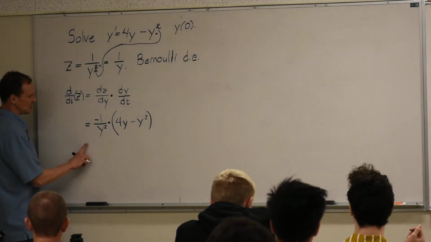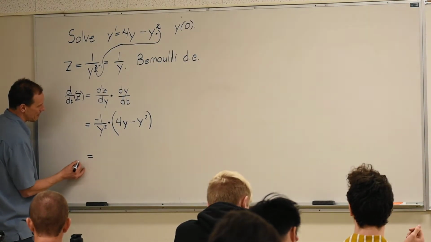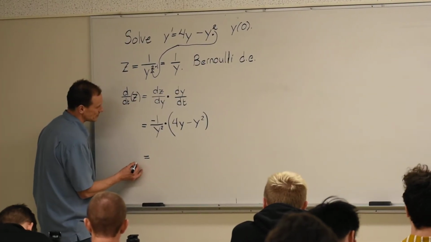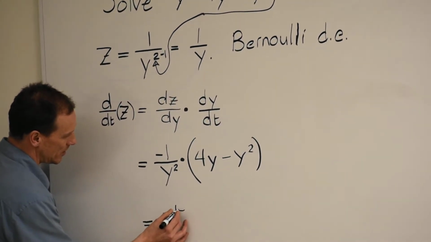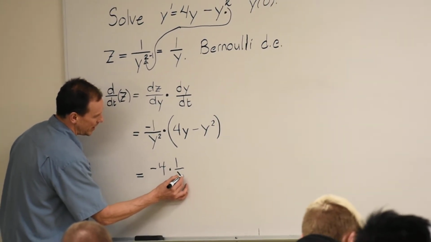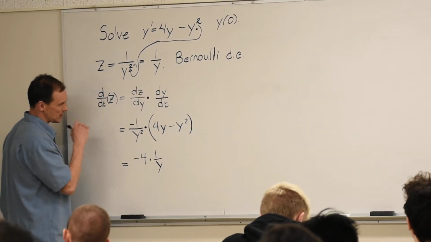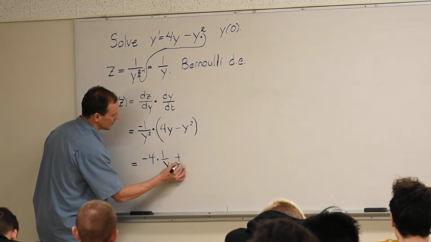Okay, let's continue on. If I distribute this, I'm going to come up with a minus 4 times 1 over y. Is that correct? I hope so. Plus 1.